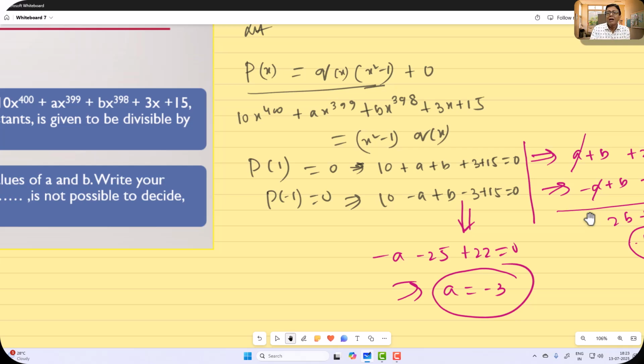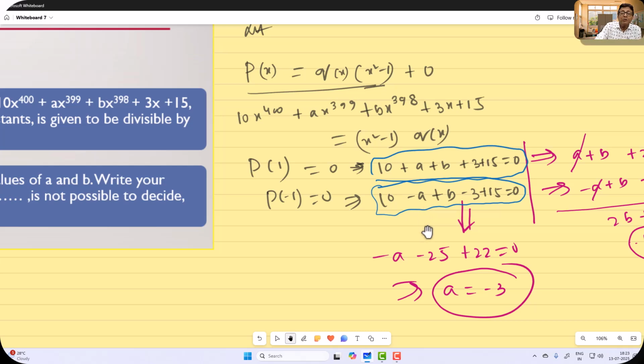Now take a look at these two equations you got here. This one and this one. Are they similar? Are they identical? No. Because coefficient of b there is equal to coefficient of b here. But a's coefficient is not matching.